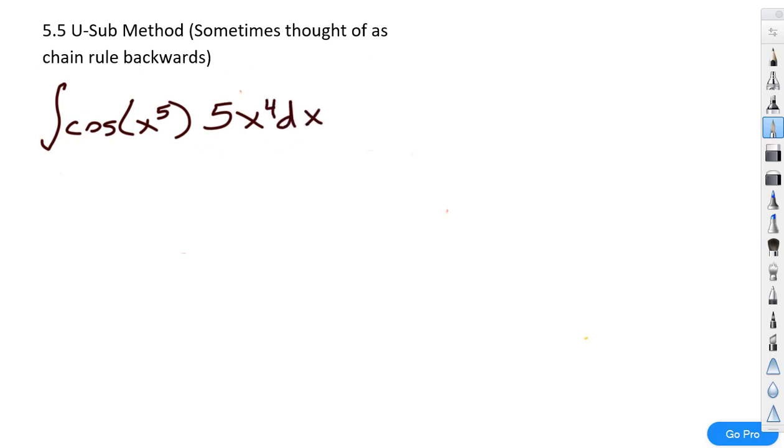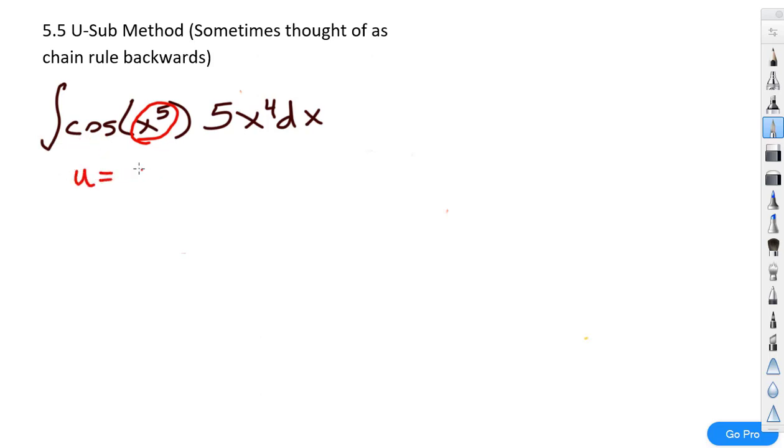The first thing you're going to do when using the u-substitution method is figure out what your inside function is. So this 5x to the fourth, that's not inside anything. This x to the fifth, however, is inside this cosine function.